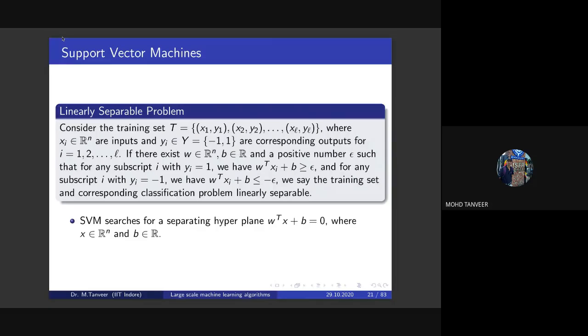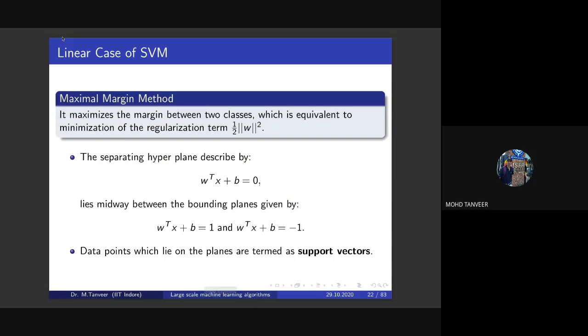Essentially we are looking for the separating hyperplane or decision hyperplane w transpose x plus b equal to 0 between the positive and negative hyperplanes, meaning the hyperplanes corresponding to class 1 and -1. The middle one will be the separating hyperplane, exactly in the middle.